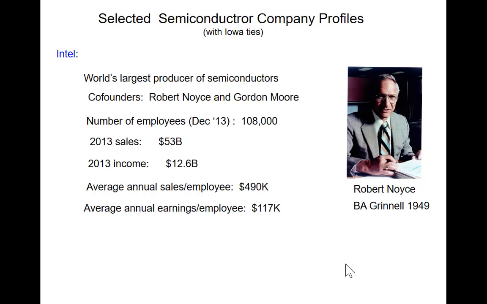He's one of the godfathers in this business. Intel has about 110,000 employees, sales of about 50 or 60 billion dollars. They're the world's largest producer of semiconductors. I think they still are. Samsung is pressing them. Average annual sales per employee is very similar to what TI had. Average earnings per employee is very similar to what TI had.